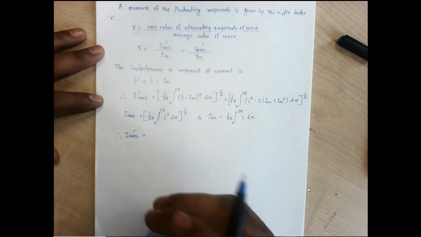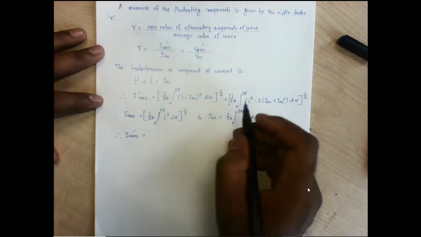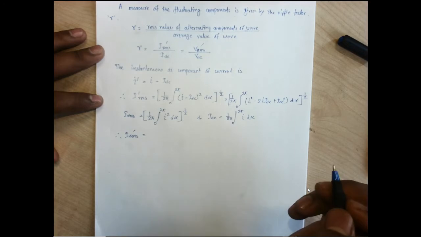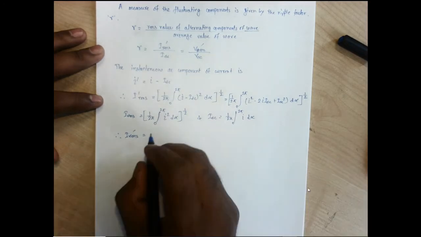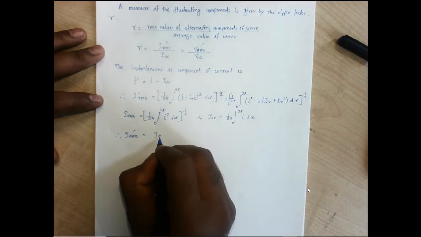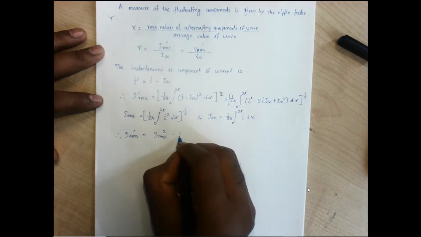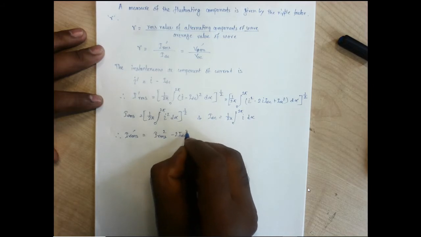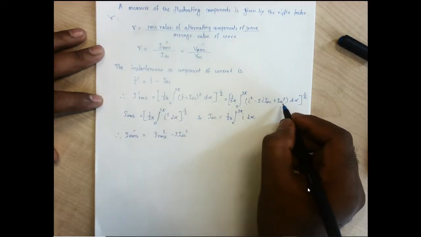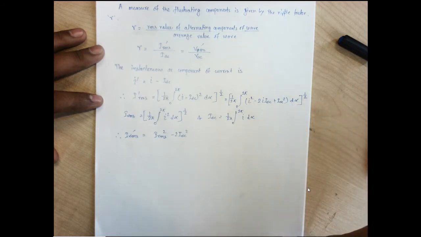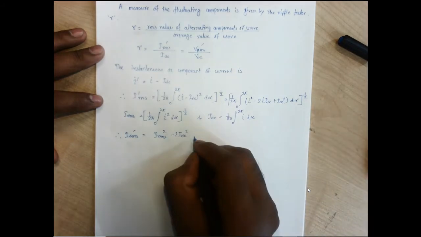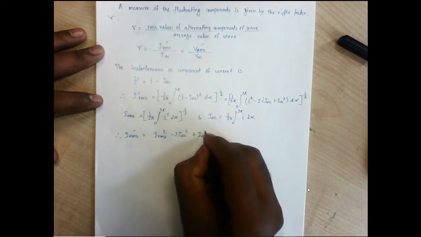So 2 will be a constant and I will come out as IDC. So that will be IRMS square minus twice IDC square, and this one is IDC, the average value itself, plus IDC square.